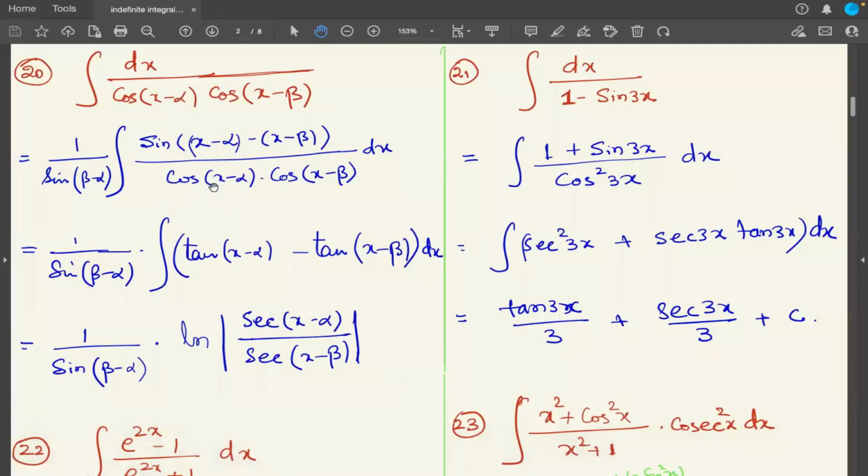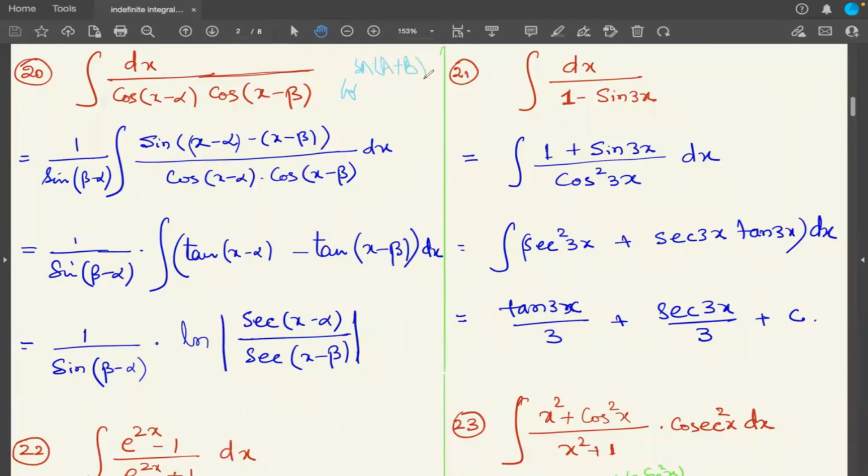So how to approach this? We know one thing: if we go through the term like sine of a plus b, what is sine of a plus b?